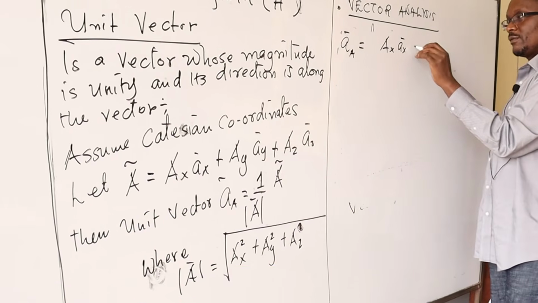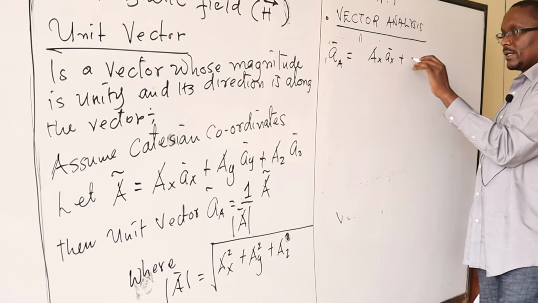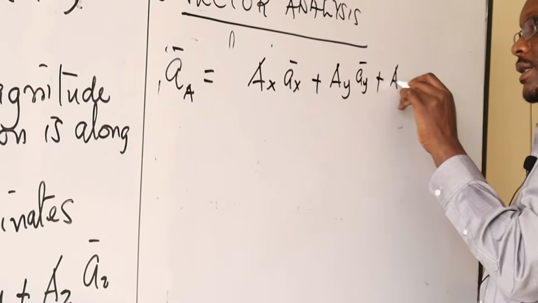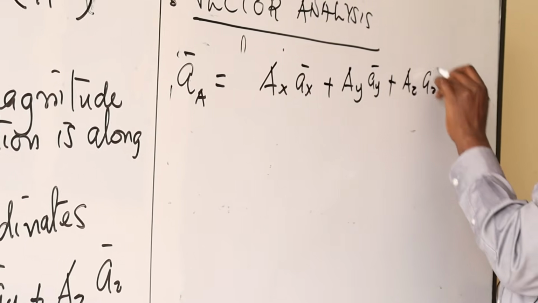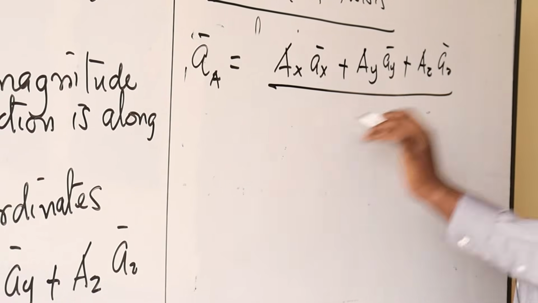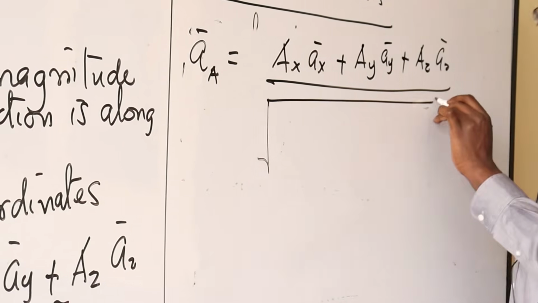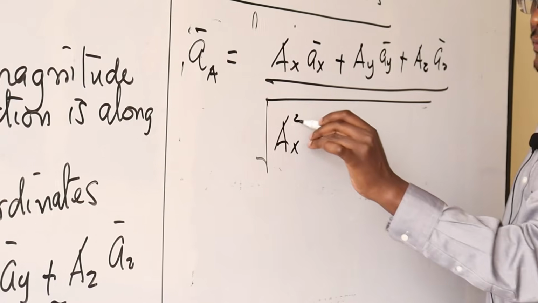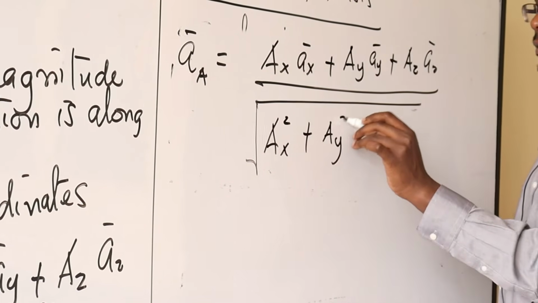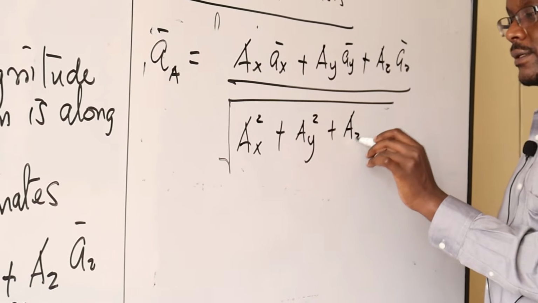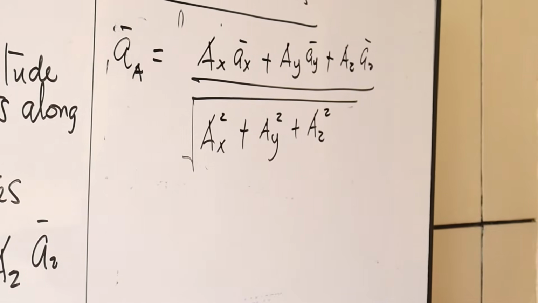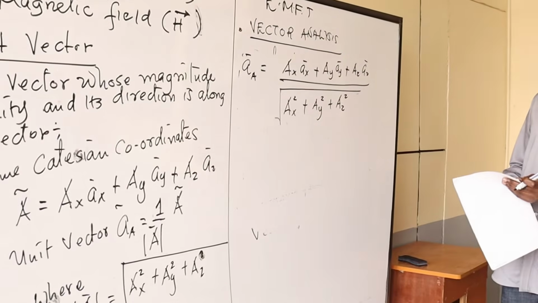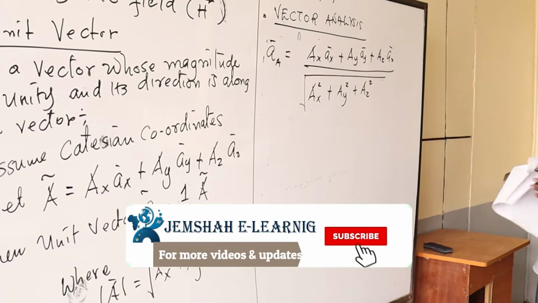Then we have AY of that, then AZ of that, all over the magnitude. That is how we are going to represent our vectors, where the magnitude is the root of AX squared plus AY squared plus AZ squared, like so. So that is our unit vector.